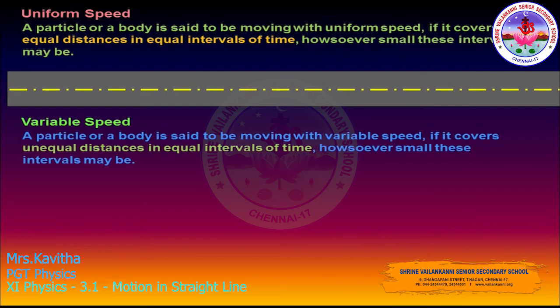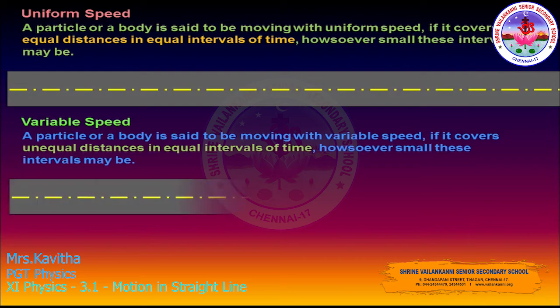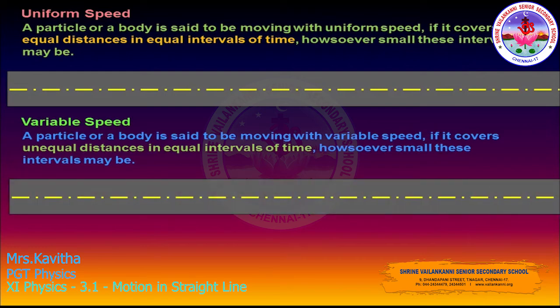What is variable speed? A particle or a body is said to be moving with variable speed if it covers unequal distances in equal time periods. We also have to consider small units here. The speed may be very fast or very slow, but the time intervals are the same and the distance covered is unequal, right?